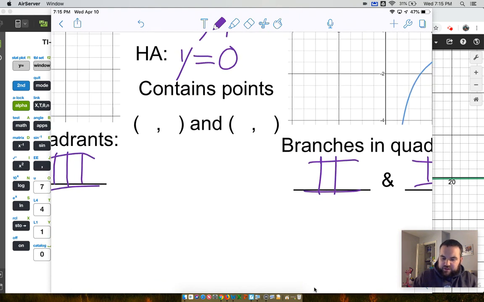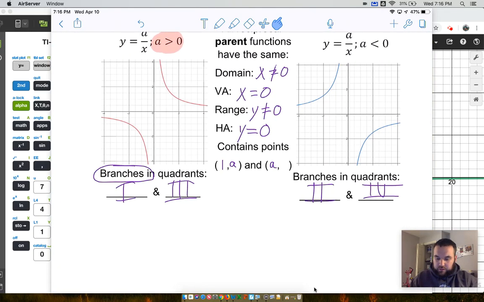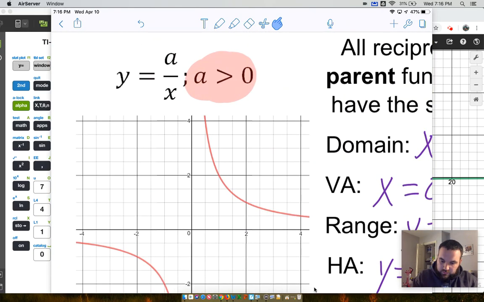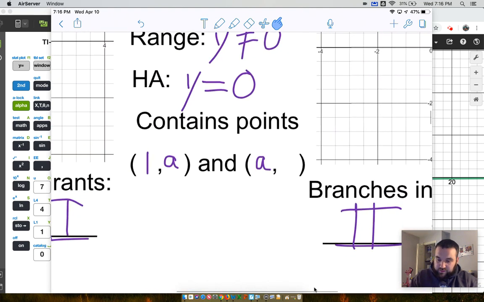This is what's kind of interesting. If you plug in 1 for the x value, so take any number divided by 1, and you'll get that same number back, so 1 comma a. And then, again, if you take any number and divide by itself, so if I were to plug in, let's say a here, if I were to replace this with a, and I have a divided by a, that would give me 1 every time, no matter what the number is.